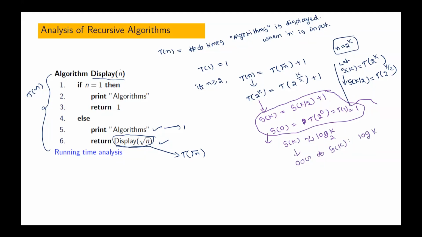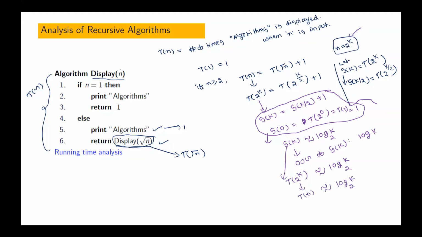But what are we looking for? S of k is nothing but T of 2 power k, which is log k base 2. What is 2 power k? It is nothing but n.